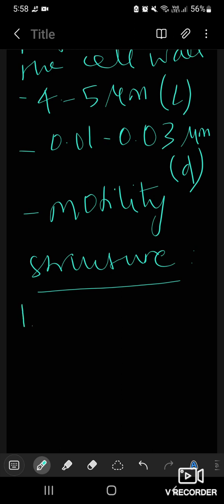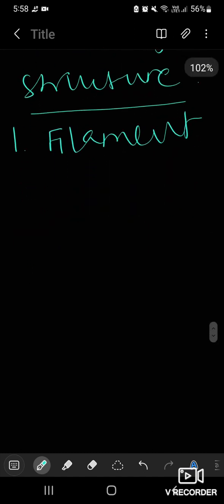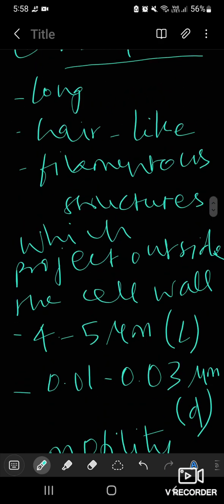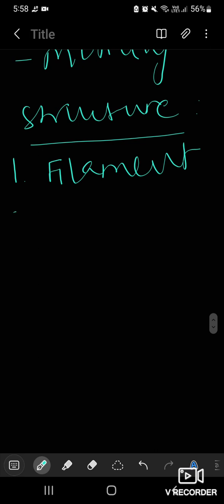So first we have filament. So it is a thread-like part. So we can just write the same thing. The thread-like part which projects outside the cell wall. Basically that.